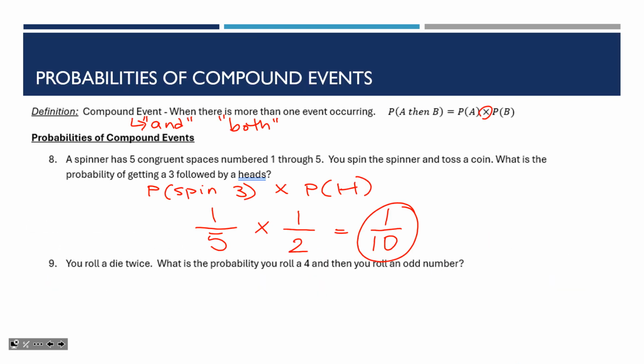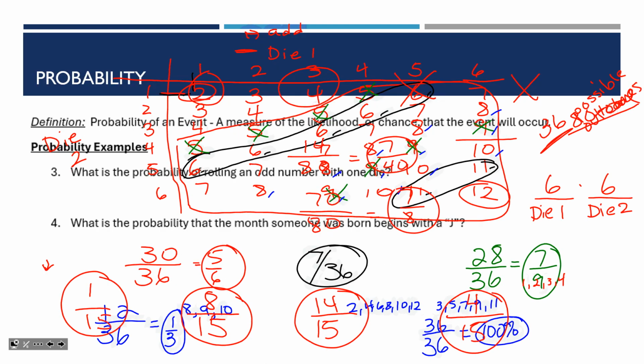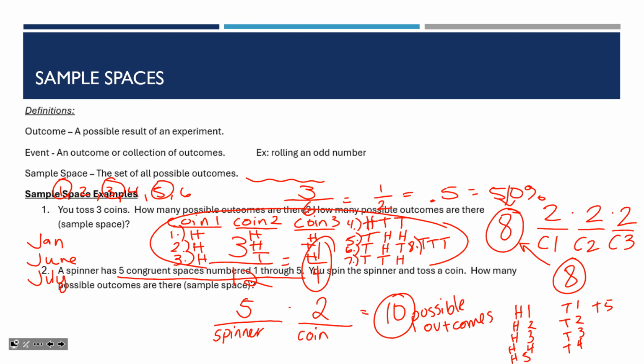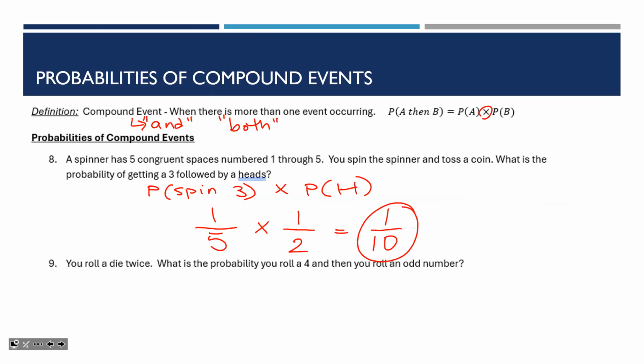And this question was, what's the probability of getting a 3 followed by a heads? So look, a 3 and a heads. There's one of them that's a 3 and a heads out of 10 possible outcomes. That's why that probability is 1/10.